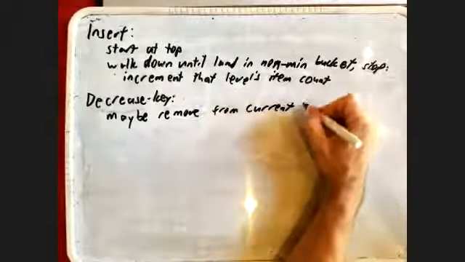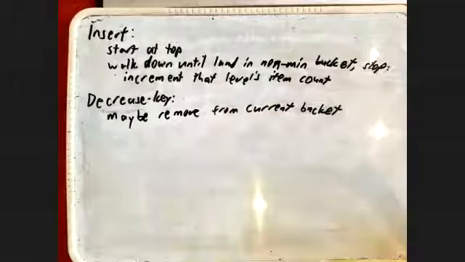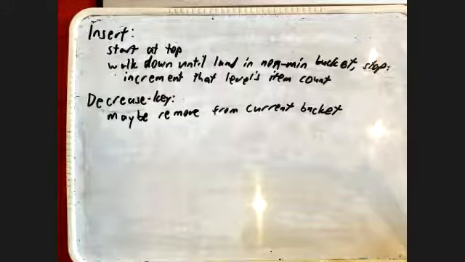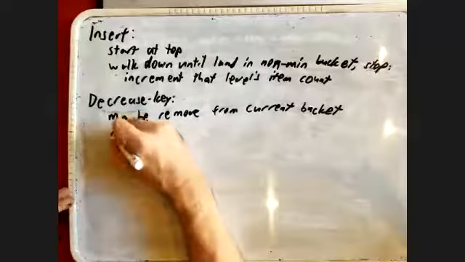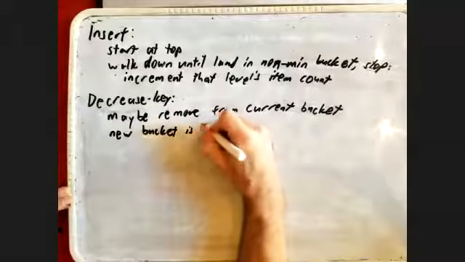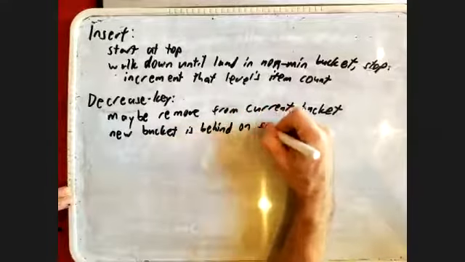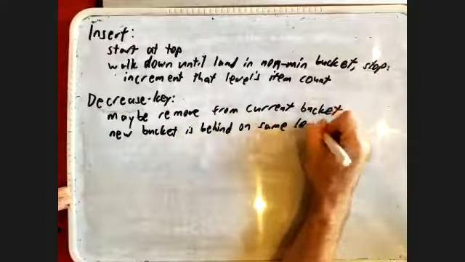Now, if we do remove it from its current bucket, what might we have to do? We have to find its new bucket. Where is its new bucket going to be? Behind it, or below it? Below, exactly, behind or below. So the new bucket is behind me on the same level, or below.